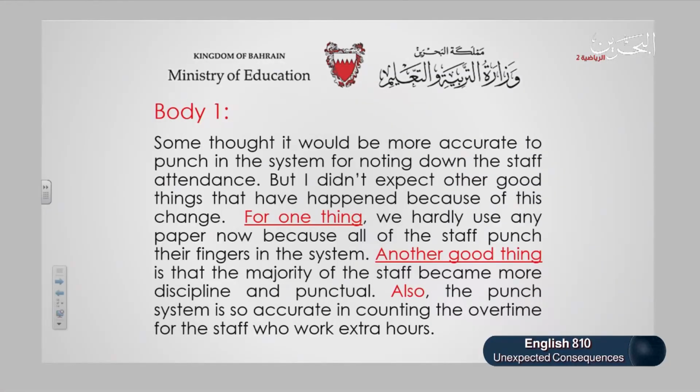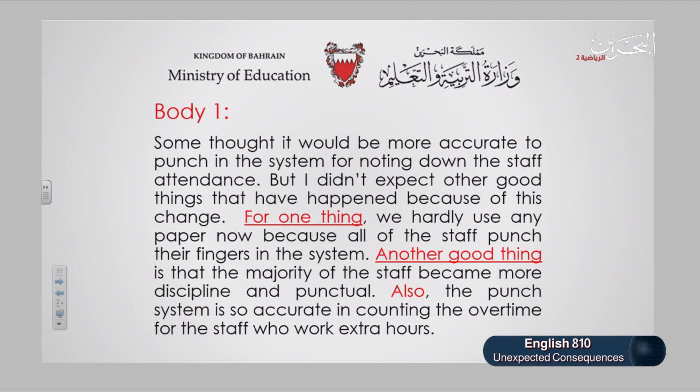Some thought it would be more accurate to punch in the system for noting down the staff attendance, but I didn't expect other good things that have happened because of this change. Pay attention. For one thing, I am supporting an example here. We hardly use any paper now because all of the staff punch their fingers in the system.